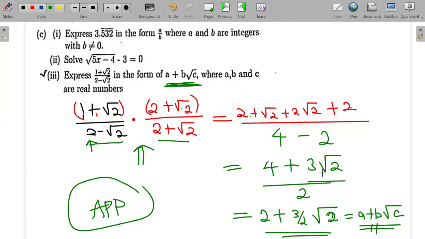Oh, okay, I've seen. This one here. Yes. I've added this root 2, you've seen it here, plus 2 root 2. So this is 1 root 2, 2 root 2. When I add them, I get 3 root 2. And then this 2 plus this 2, I get this 4. All right, thank you. And then you just divide there to get the final answer.